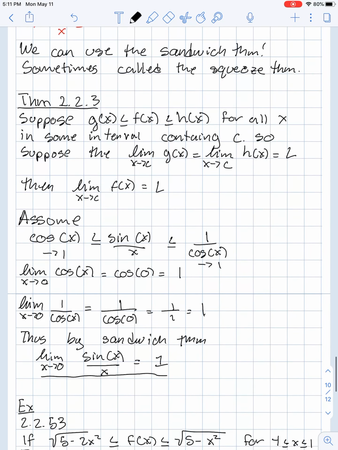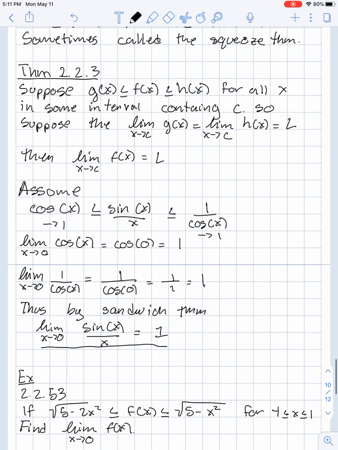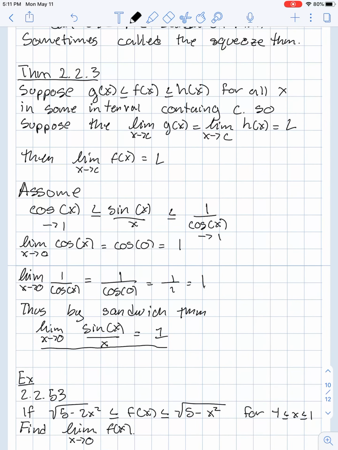All right, so let's work on this example. This one's my favorite example. My students had it on a quiz last year. I hope that's a really good hint for you. So we're given that the square root of 5 minus 2x squared is less than or equal to f of x, which is then less than or equal to the square root of 5 minus x squared.